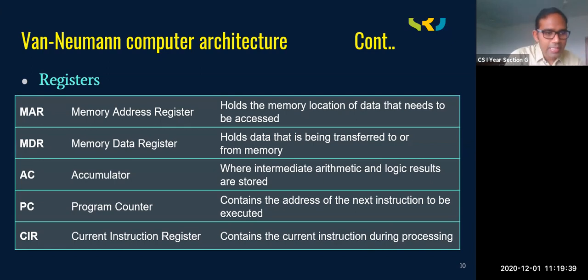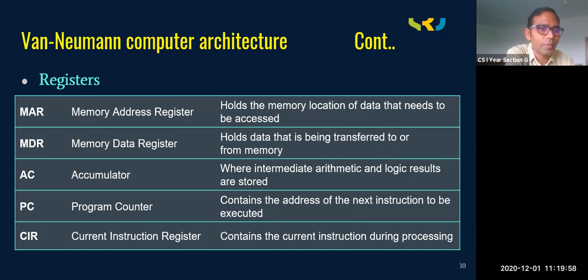Next one is CIR, current instruction register. The current instruction register will have the address of the instruction that is being executed.